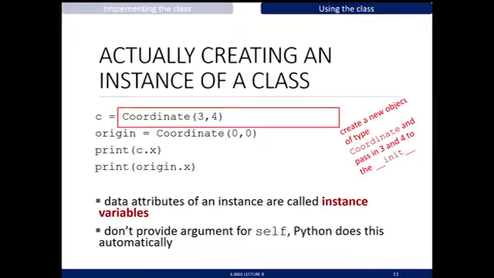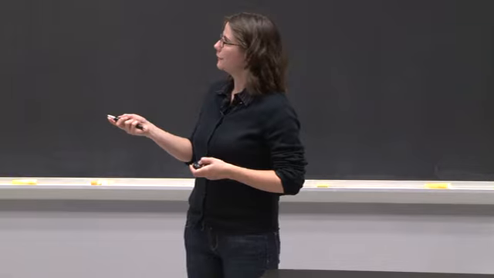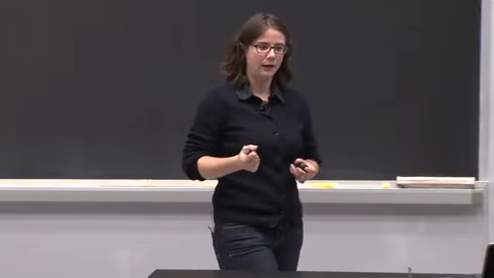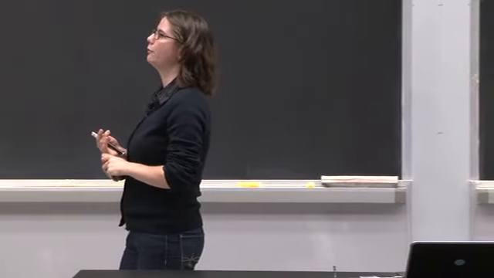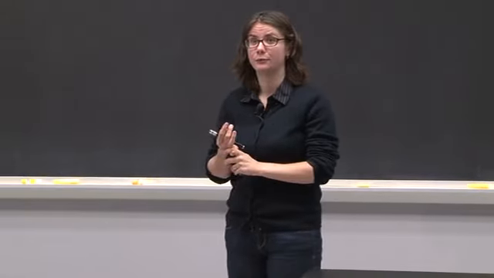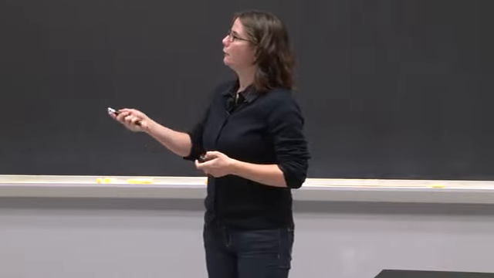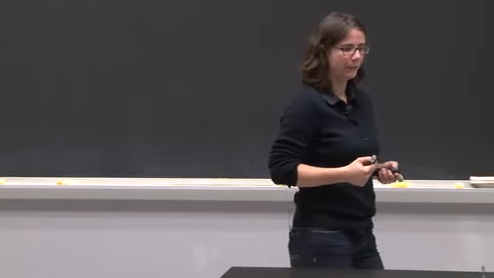So here, this is going to print 3 because the x value for object c is 3, and the next line, print origin.x, is going to print 0 because the x value for the object origin is 0. Okay, so we've created a coordinate object. We've defined the init method, so we have a way to create objects when we use the class, and then we can access the data attributes.